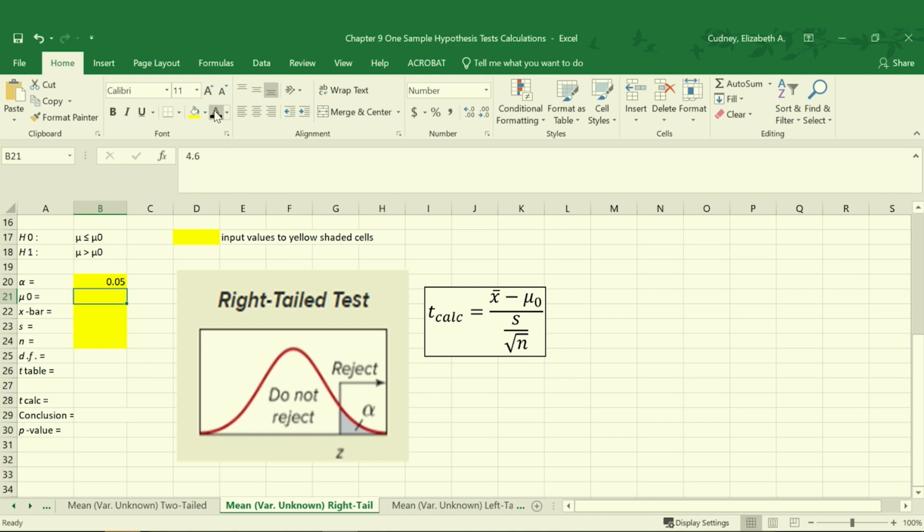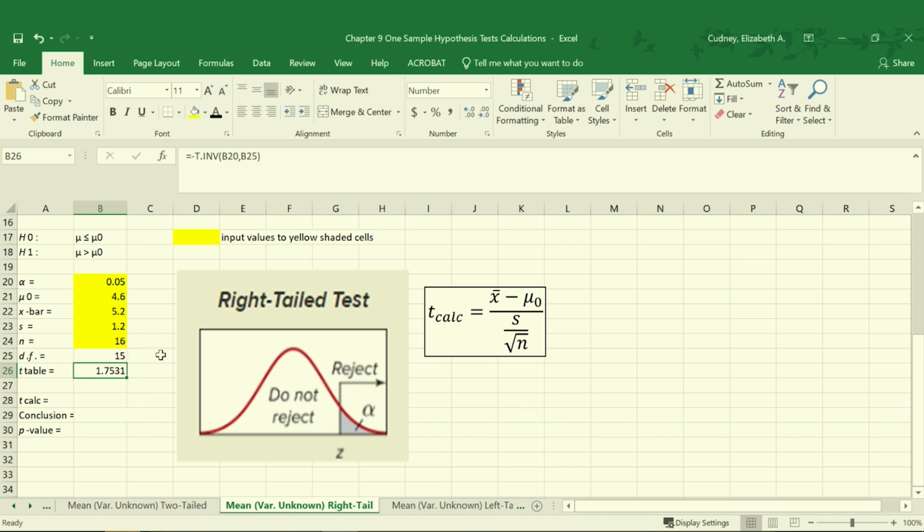Our mu naught was 4.6. Our x bar is 5.2. Our sample standard deviation is 1.2, and all of this was given to us from the problem. Our sample size, we had 16 samples. Our degrees of freedom, since we're using a sample, is our n minus 1.